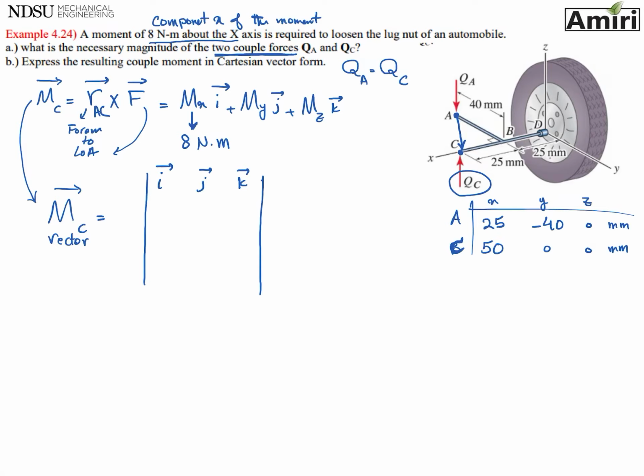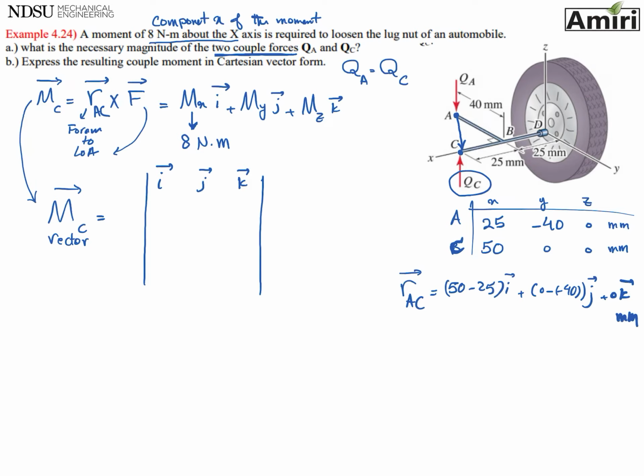So position vector AC means the coordinate of C minus A: 50 minus 25 i, 0 minus 40 j, plus 0 k, in mm. Let's put them in here.